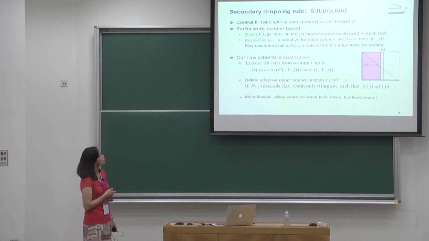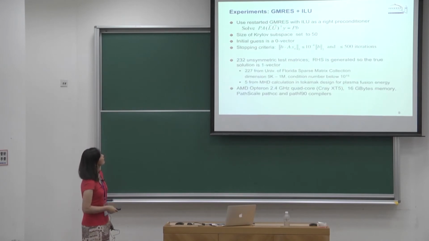And if this fill ratio is bigger, then we drop, keeping the largest. But you can have the situation that during the factorization the previous fill ratio is already very low. Then you have an advantage: at the current step, I can leave more, and I don't need to drop a lot. If the fill ratio is already big, dynamically on the fly, then I have to drop more aggressively. So that's the general idea. So this is slightly improved.